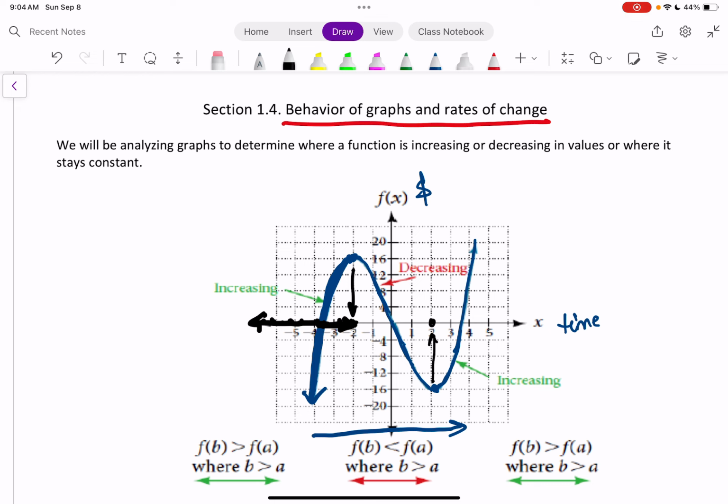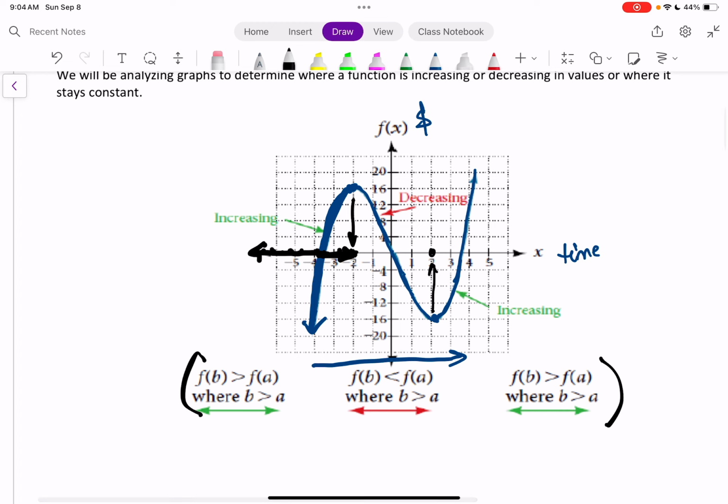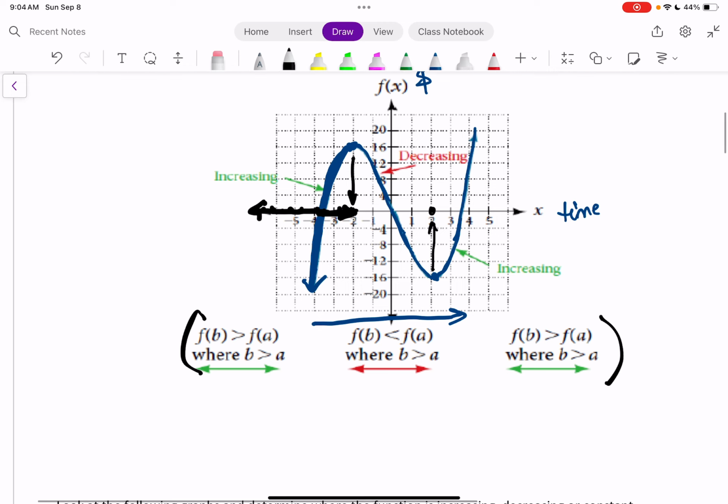Do not worry much about these notations here. They're a little bit abstract. I copied this out of your textbook. I'm trying to keep things straightforward. A and B here are random x values, so don't worry about it.